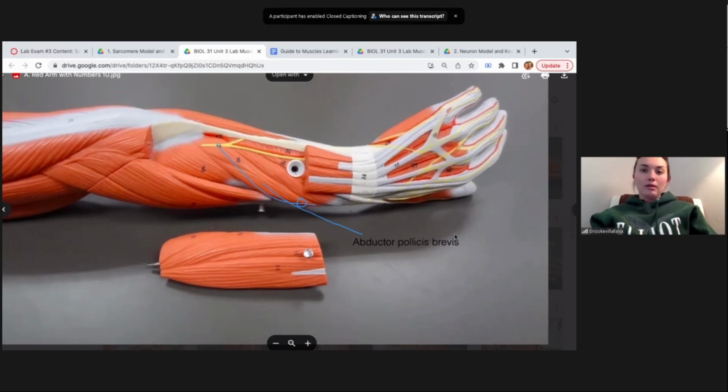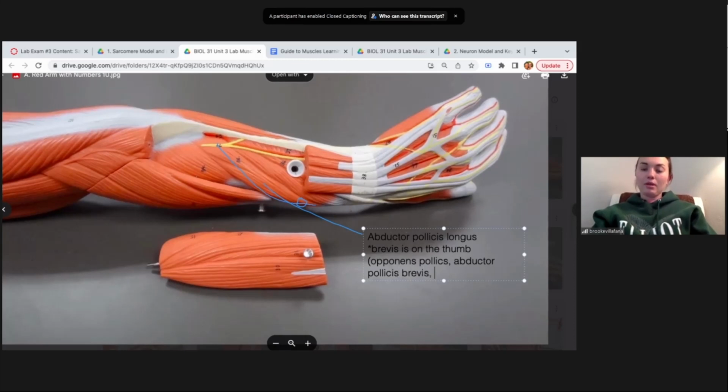So the brevis is on the thumb, right? So that's where I was telling you guys that if you get confused whether it's a longus or a brevis, brevis is on the thumb. Remember how the thumb had the opponens pollicis, then it had the abductor pollicis brevis, and then it had the flexor pollicis brevis.